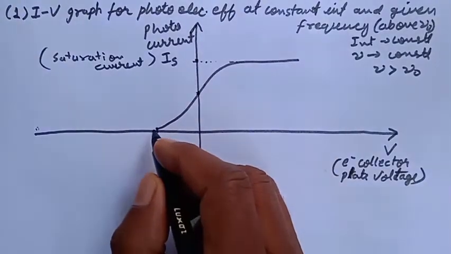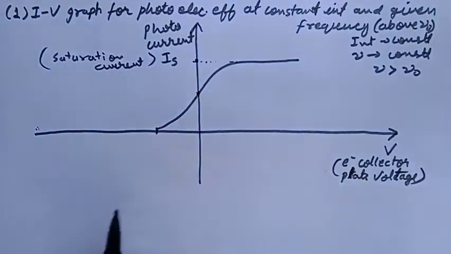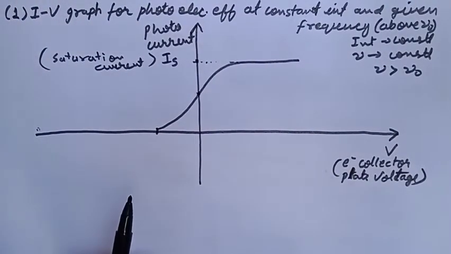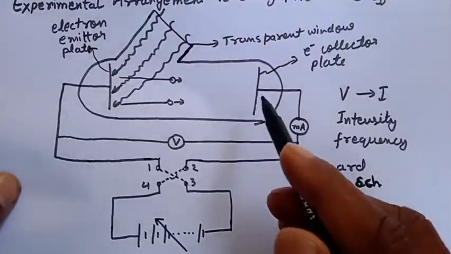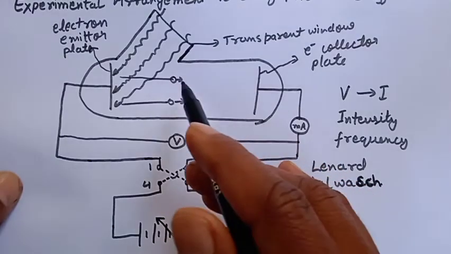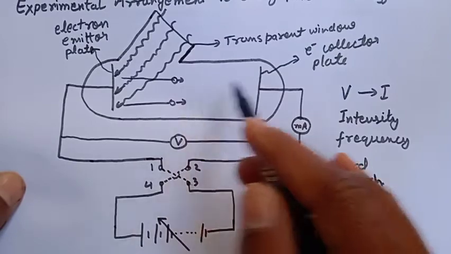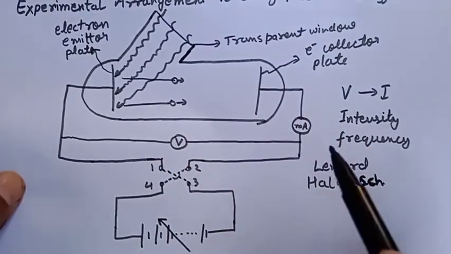Here we have a negative voltage. Even at negative potential, as I told you, if we put negative potential on this plate, we expect that no electron will reach here, but still there are some highly energetic electrons which reach this plate and form photocurrent.